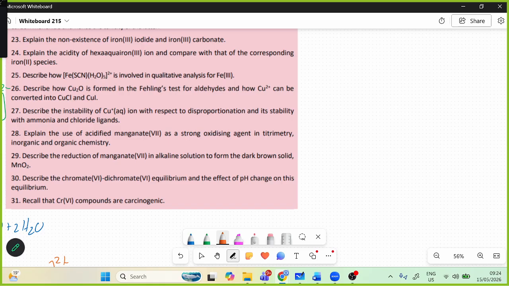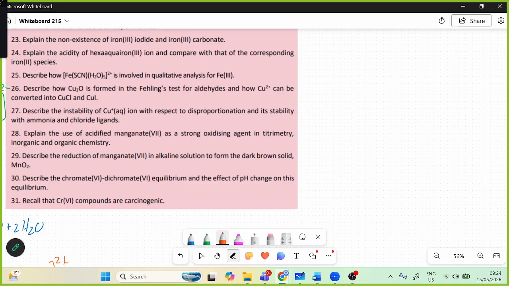Describe the instability of Cu+ ions. Cu+ is unstable. In fact, Cu+ will want to form Cu2+.